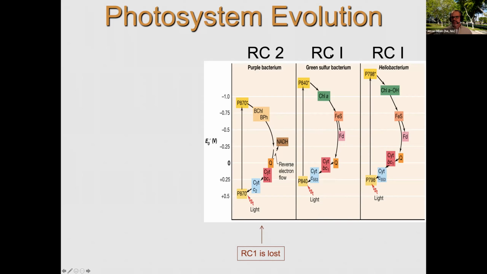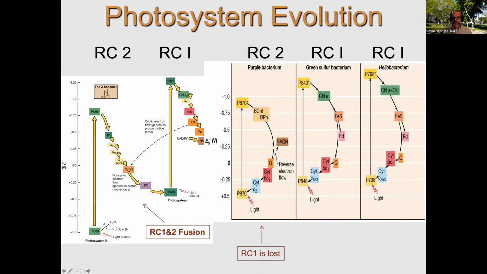So maybe this was the first photosystem that evolved. Then later on, these came into being in the current purples that we see today. But in another group, which led to the cyanobacteria, you instead ended up with a fusion of what we see with these green sulfurs and purple sulfurs today into a single unified Z scheme.